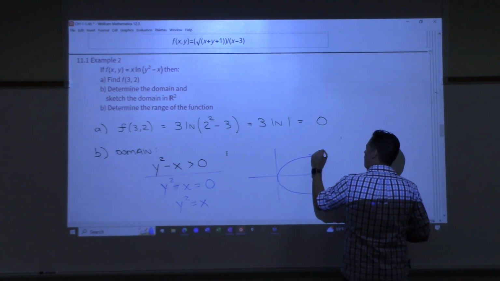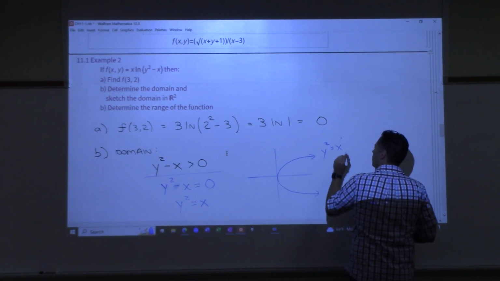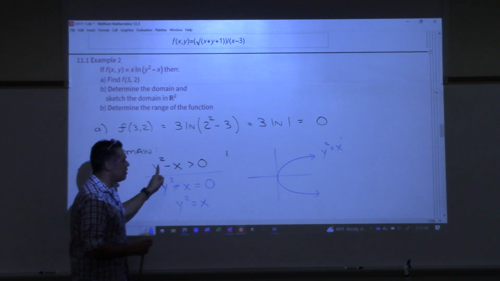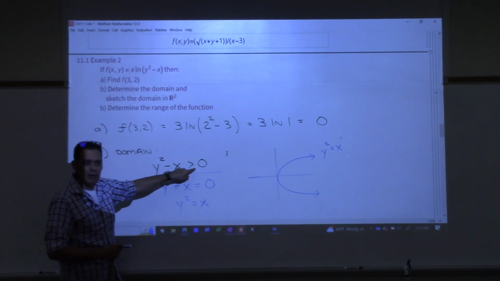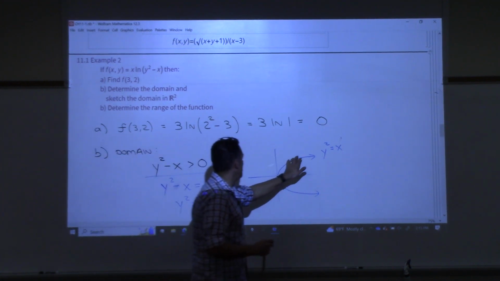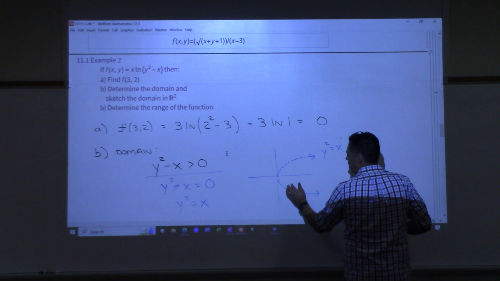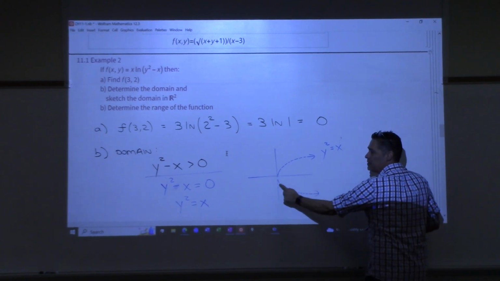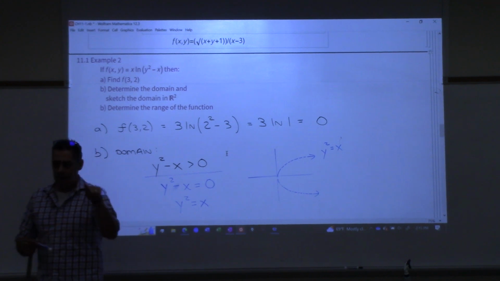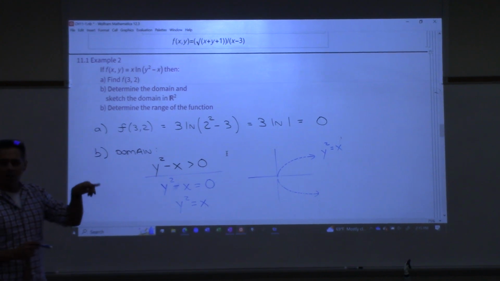This is y squared equals x. Then I go back to the original inequality and I say, do I have a bar here? No. So that means I don't want that parabola to be part of my answer. So I'm going to make this a dashed parabola instead. Those points are not part of my domain.